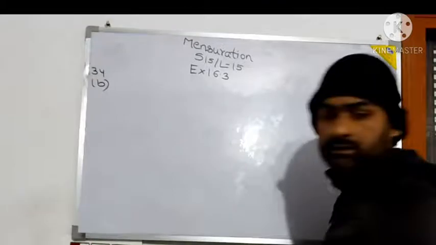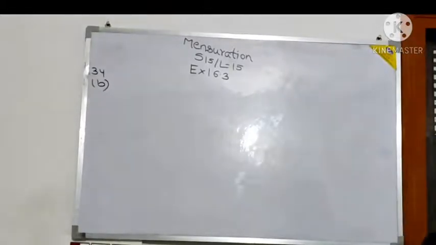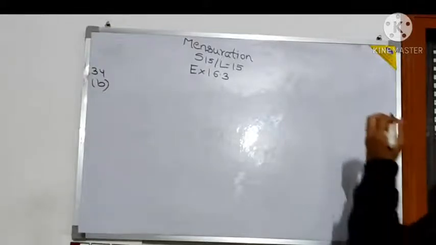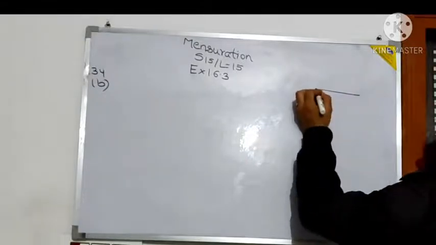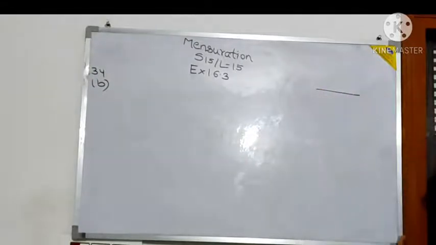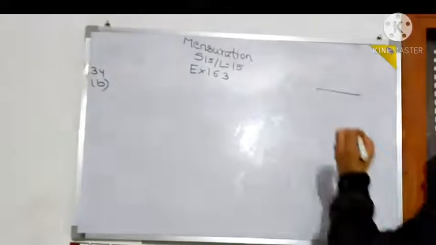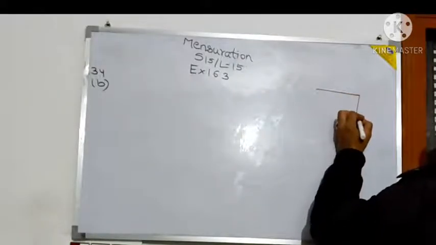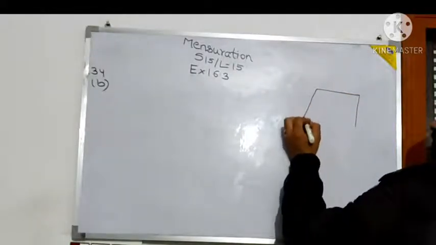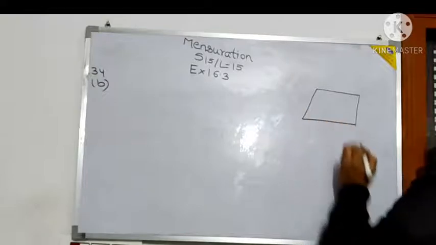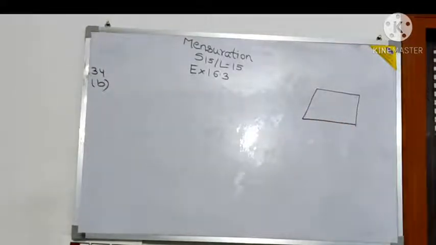34B part says that in the figure given below, a piece of cardboard is given in the shape of trapezium ABCD. So the shape is like a trapezium ABCD. These two sides are parallel to each other.